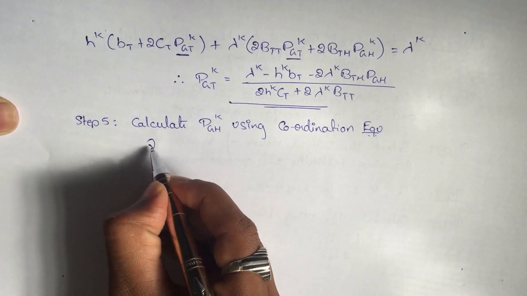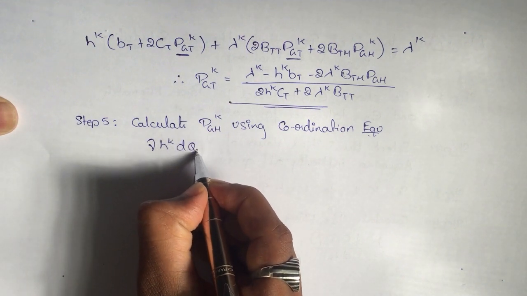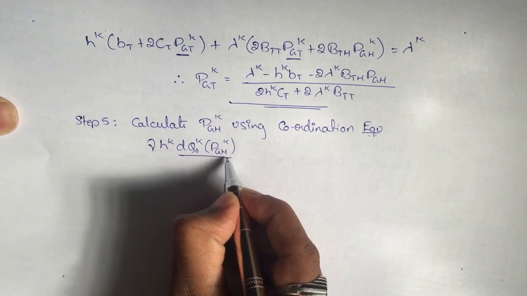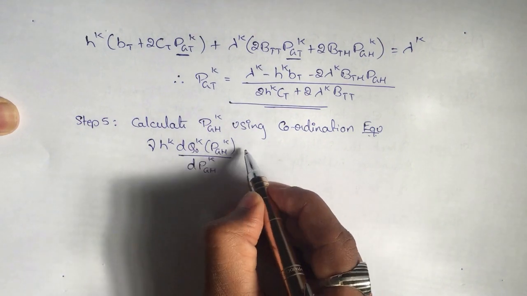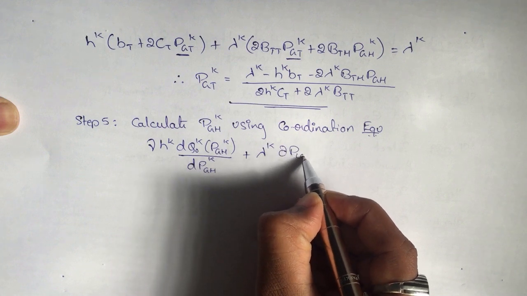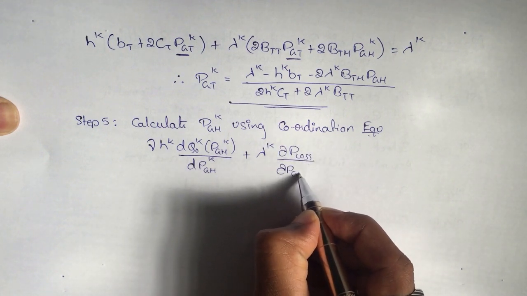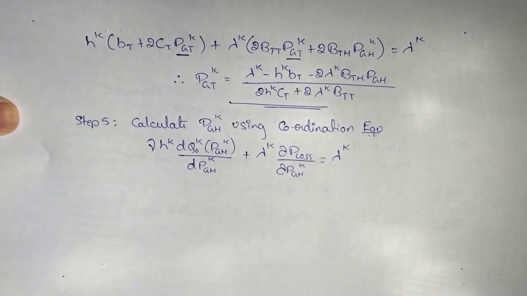From equation 7 we can take gamma HK dq naught k PGHK divided by dPGHK plus lambda k dou P loss by dou PGHK will be equal to lambda k.